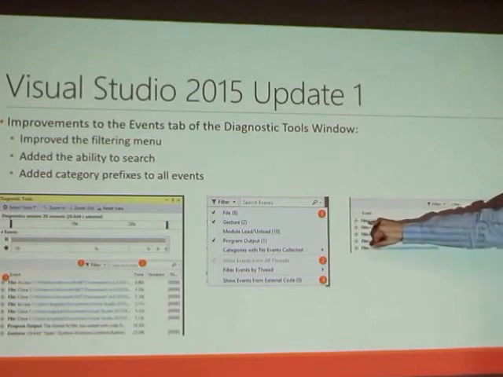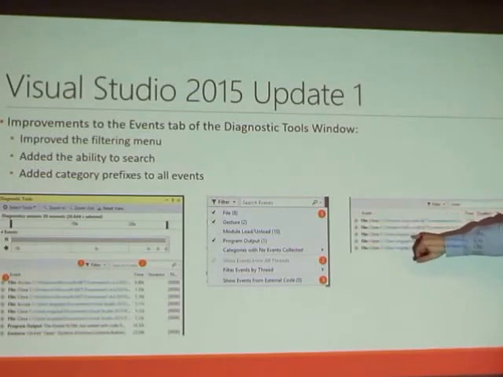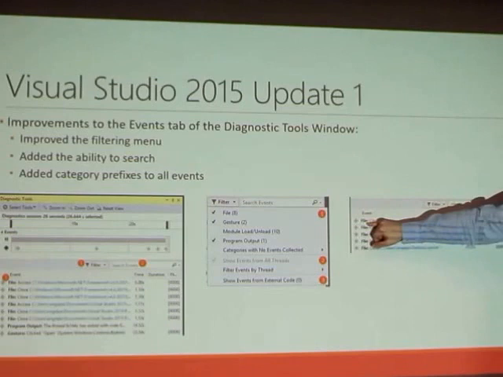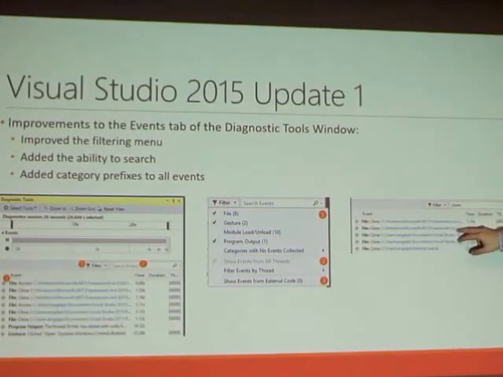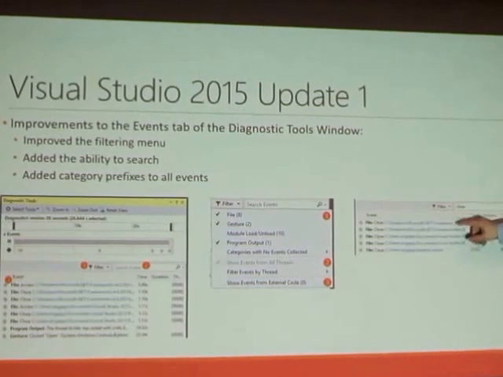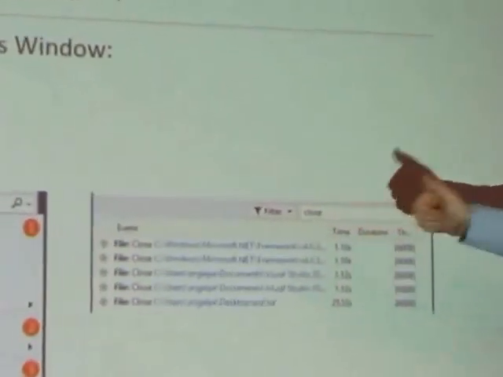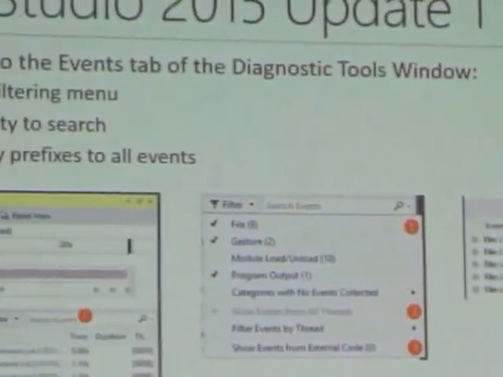Mine does not have this. So if I had that access, open access, close, mine would be prefaced by the file, colon. Mine did not have that. But this is nice because if you find one event and want to know what all the other events similar to this are, I can filter based on file, bam, pull them up quickly. So again, visual cues that you'll find when you're working with update 1.